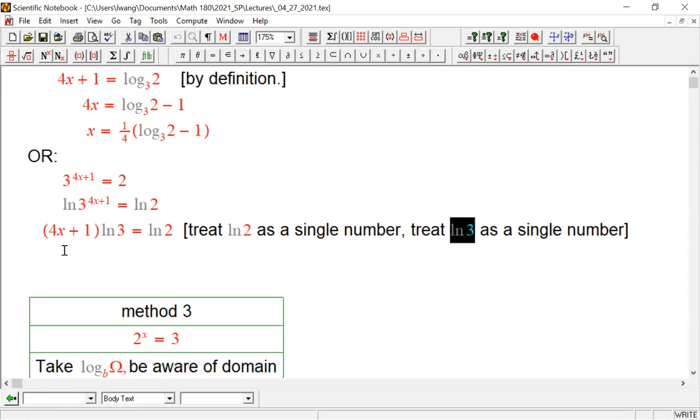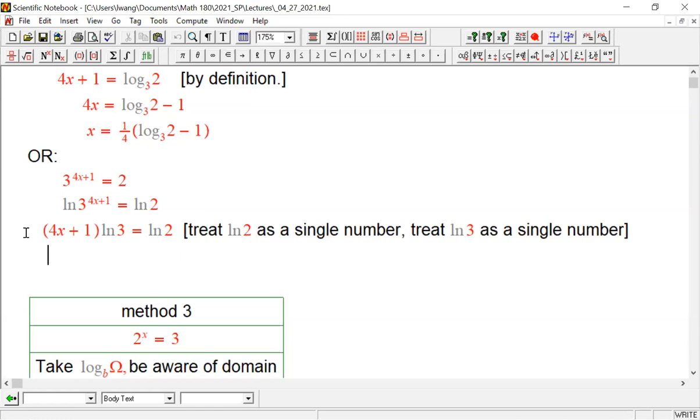With that, one of the ways to simplify this would be to distribute ln 3 to 4x. But I'm not going to go that way first. I will go that way afterwards. I'm preparing you for harder questions later in the section.